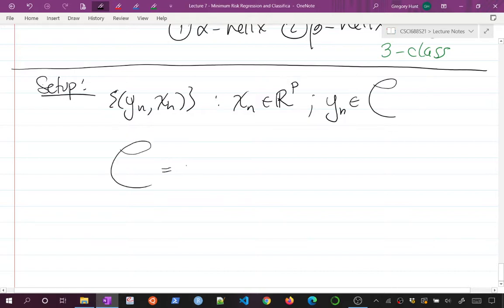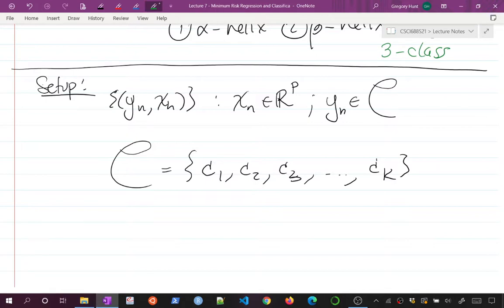So this is my capital C, a set of discrete classes, class 1, class 2, class 3, all the way up to some class capital K, let's say. Sure, why not? We use K all over the place. So this is my set of capital K classes, all the possibilities, but it's discrete, and there's no real ordering to them particularly.